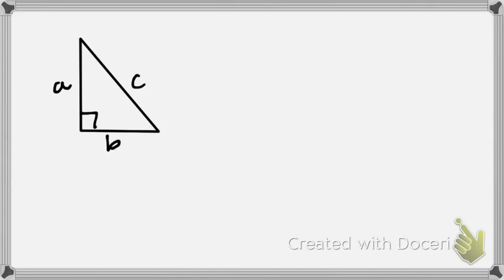So last time we learned that if we have a right triangle, the sides will always be in the ratio of a squared plus b squared equals c squared, where a and b are the legs that form the 90-degree angle, and c is the hypotenuse.